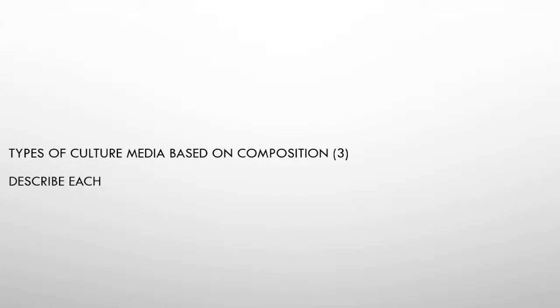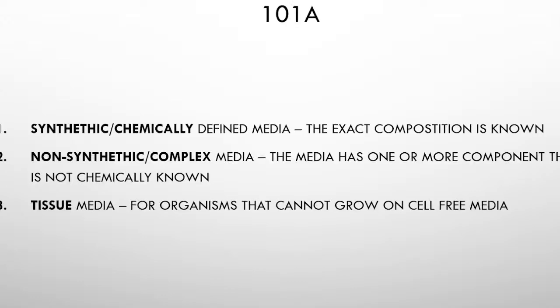So what are the types of culture media based on composition? Based on composition, we have synthetic medium, non-synthetic medium, and tissue medium. Synthetic medium is a chemically defined medium, and all of its components are chemically known. Whilst a non-synthetic medium is also known as your complex medium.